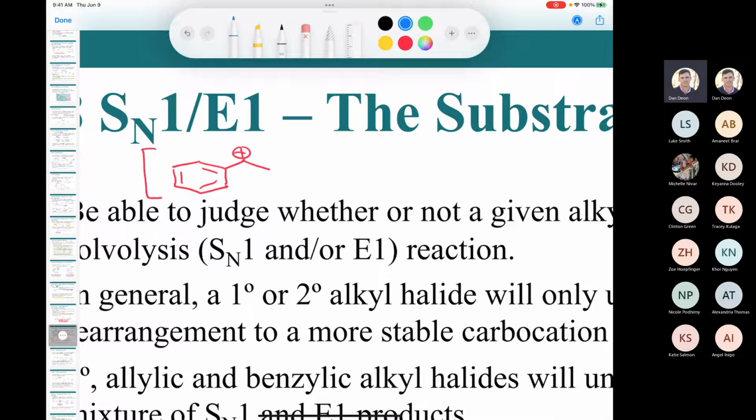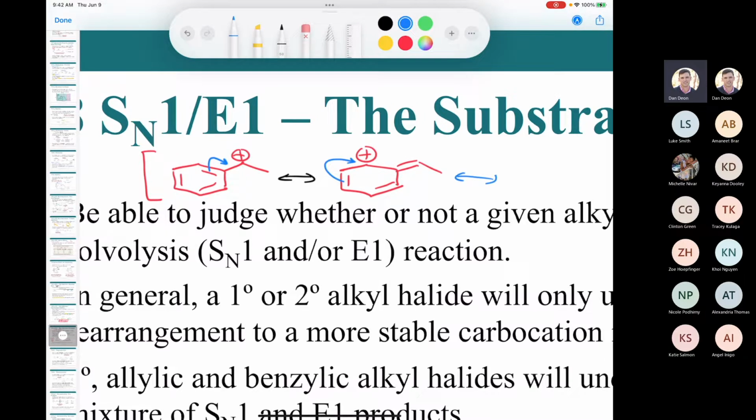And we can draw 3 more resonance structures where we show the delocalization of that positive charge throughout the ring. I'm not going to draw all of them, but I'll draw a couple like this, and then you could keep it going like this, so on and so forth, and draw more resonance structures.